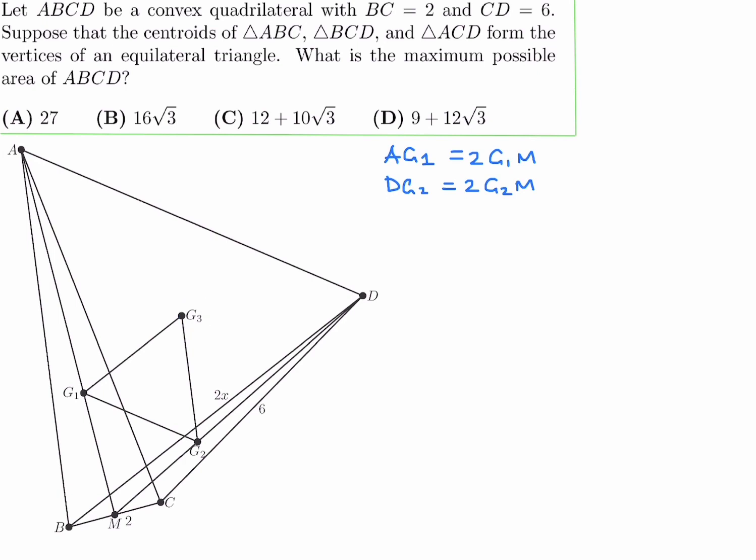Now looking at these two, we immediately will be able to recognize that two triangles, MAD, which is M to A to D like that, is similar to triangle MG1G2, M, G1, G2 right there.